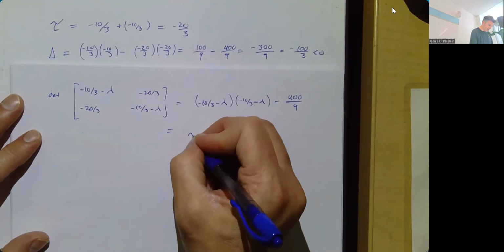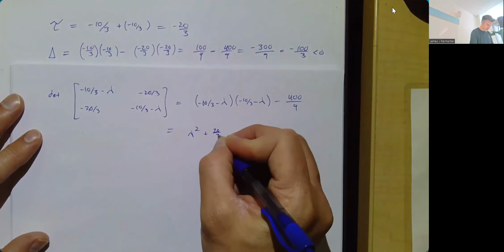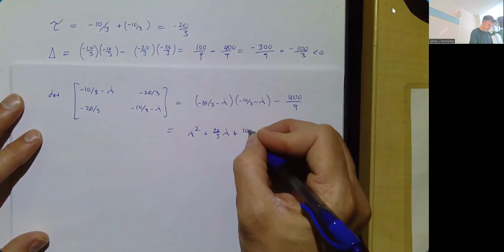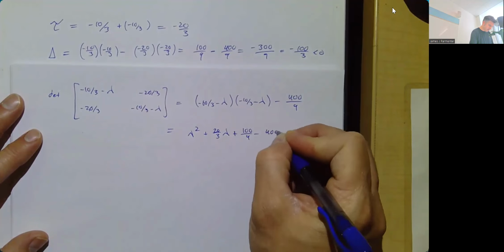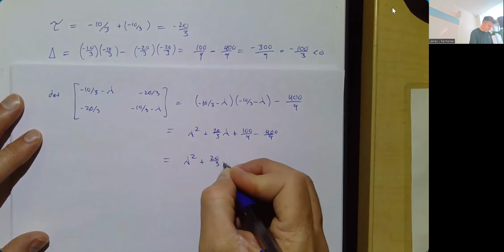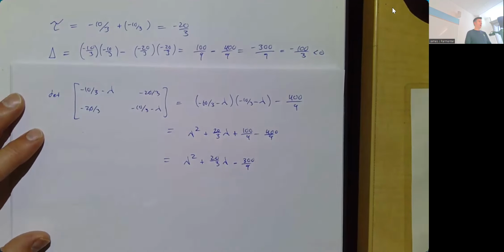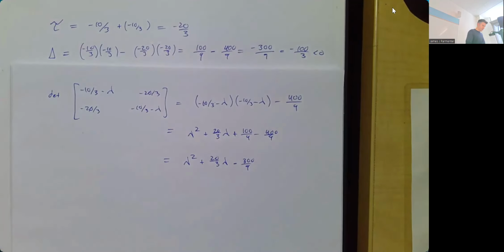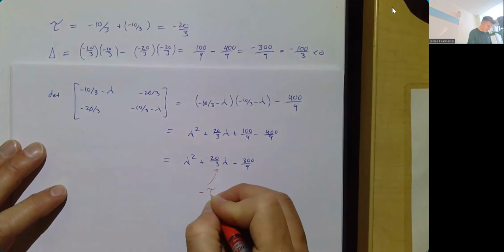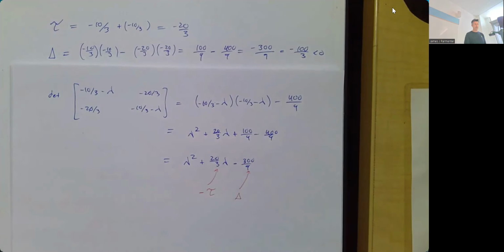That ends up being lambda squared plus 10 thirds plus 10 thirds, so plus 20 thirds lambda, plus 100 over 9 minus 400 over 9, which is exactly lambda squared plus 20 thirds lambda minus 300 over 9. Hey, look, there's the negative of the trace, and there's the determinant. It is not a coincidence. That always happens.